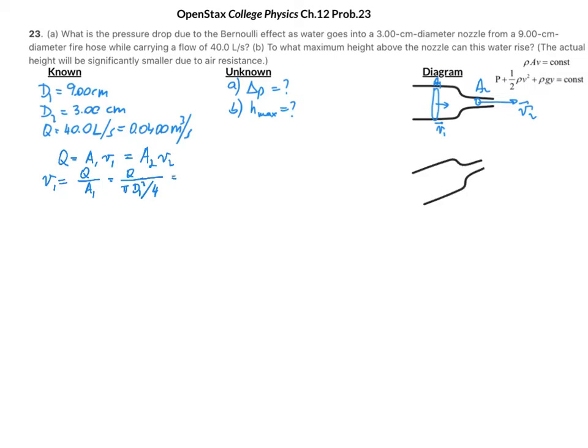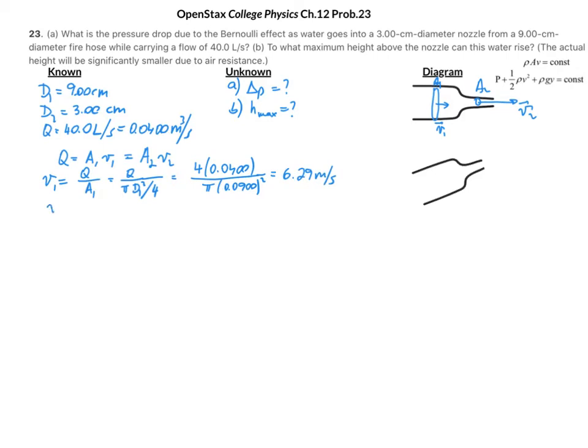So that will be 4Q, where Q is 0.0400 cubic meters per second, divided by pi times 0.0900 squared. What I did here is I flipped this up, so this is where this 4 went. I didn't put it down here. When I multiply these things out, I end up with 6.29 meters per second.